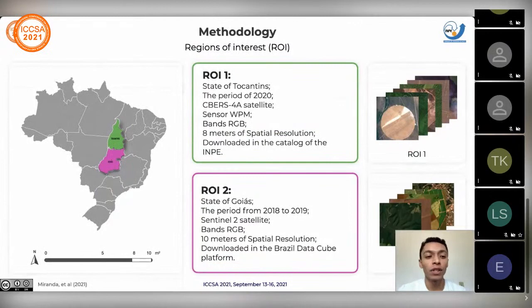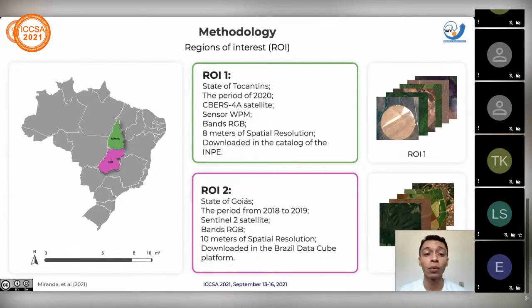Well, all regions of interest, ROI, are located in Tocantins, identified on the map by the green color, and Goiás, by the pink color, two Brazilian states where the Cerrado is the predominant biome. For ROI1, we selected 21 images with red, green, and blue bands with 8-meter spatial resolution obtained by the wide panchromatic multispectral camera of the CBERS 4A satellite during the year 2020.